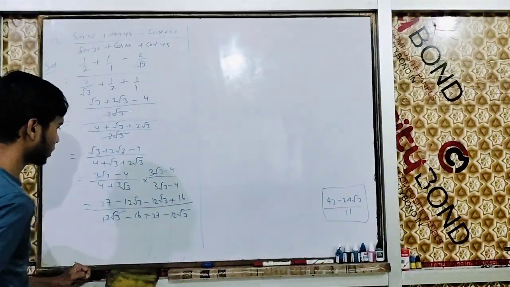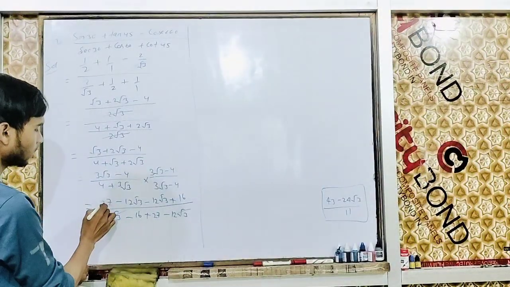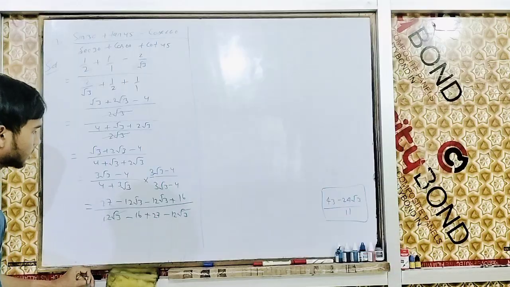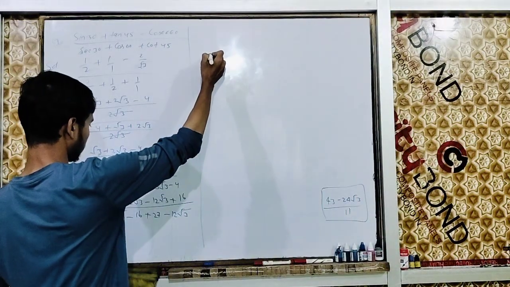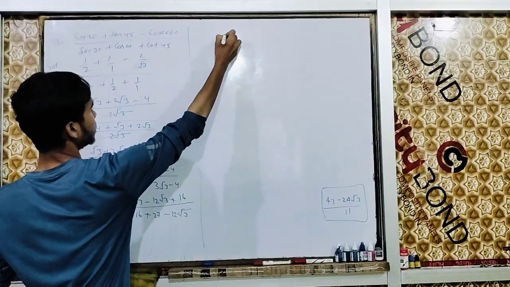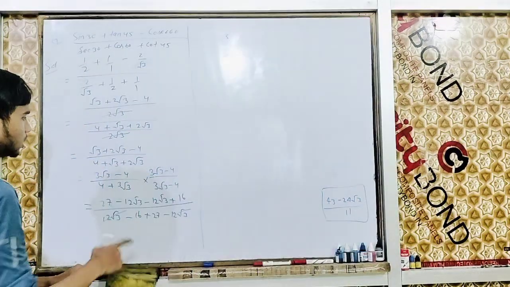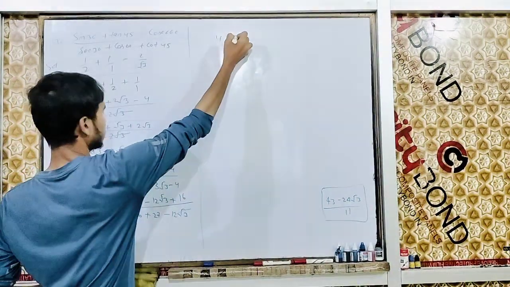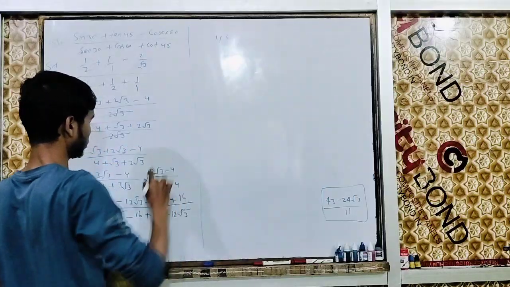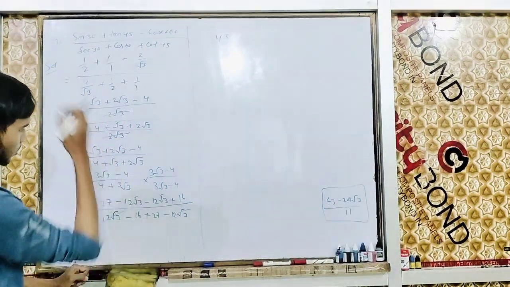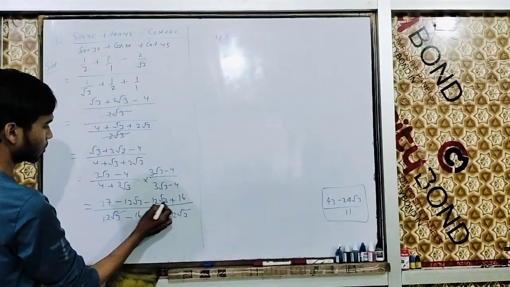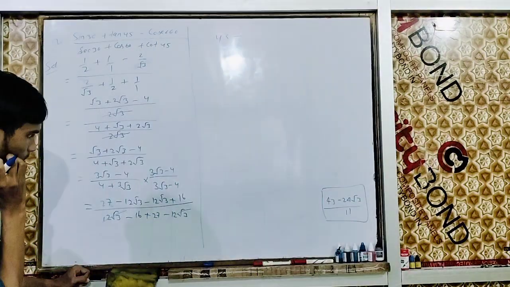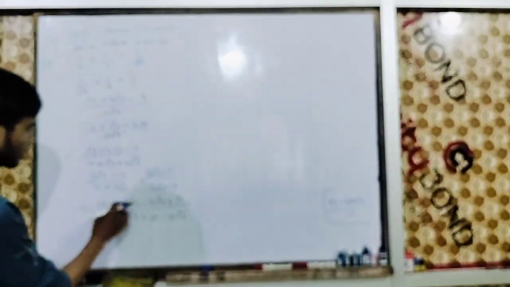Now next, what is happening? 27 plus 16. It is becoming how much? I think 43. Minus, then here you can see this 2 root 3 both are common, that's why this will be added.